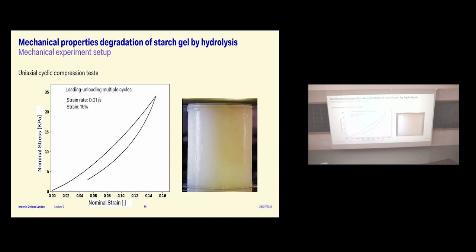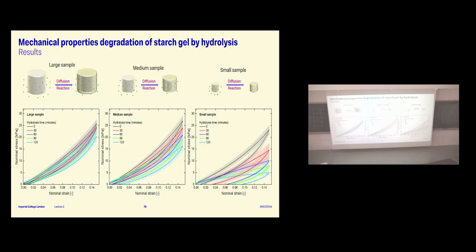And we do these tests for cylinders which have been on the control, as well as those that have been exposed. So here, the legend, 0, 30, 60, 90, and 120 means how many minutes they've been in that liquid with the amylase. And here is the large samples, the medium-sized samples, and the small-sized samples.